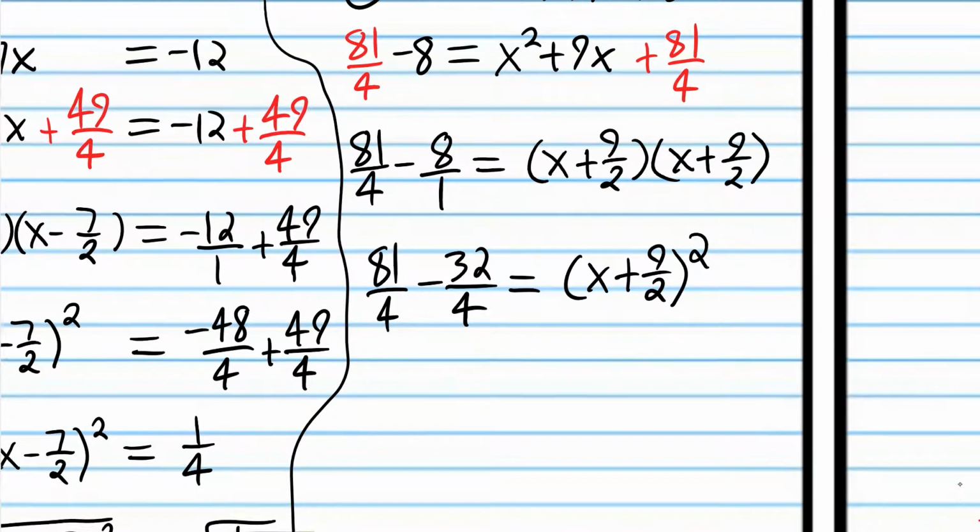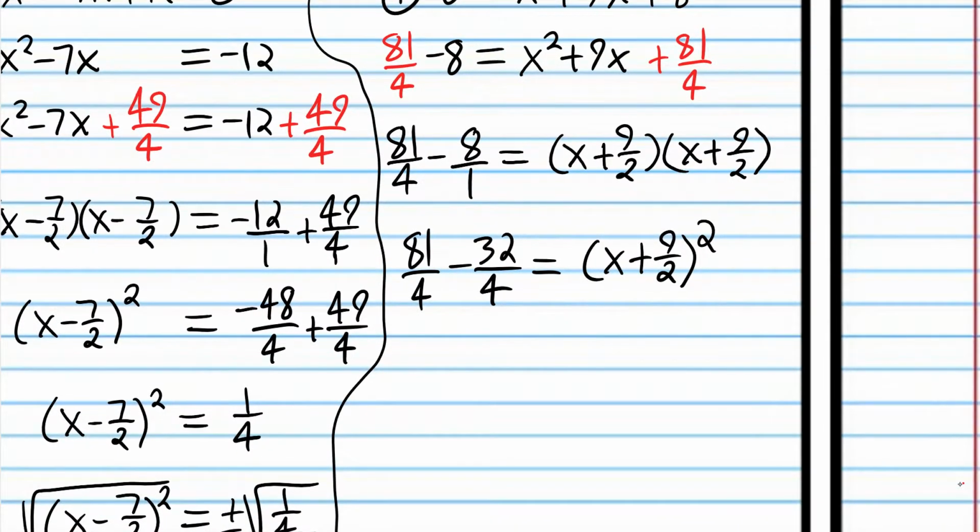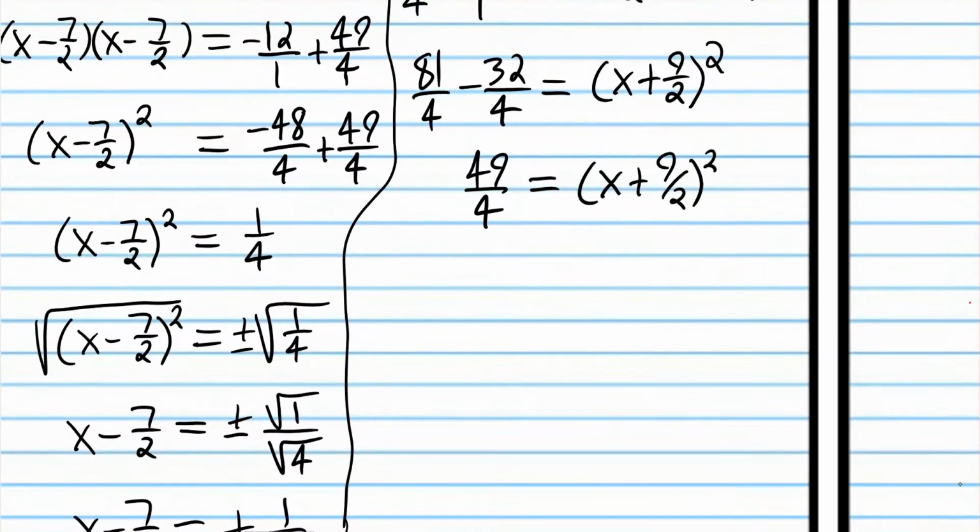Changing that to power notation, 81 over 4 minus 32 over 4 is going to be 49 over 4. And now we're just going to square root both sides of the equation, just like we did in the previous class.